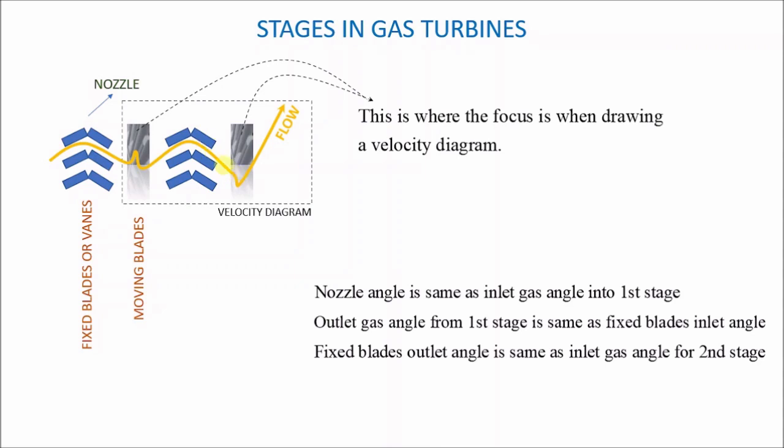We want it to be that way to minimize disruption in the flow of the gas. So the outlet blade angle for the row of fixed blades is equal to the inlet gas angle into the second stage. And this is what we have here: fixed blades outlet angle is same as inlet gas angle for second stage. Really important.